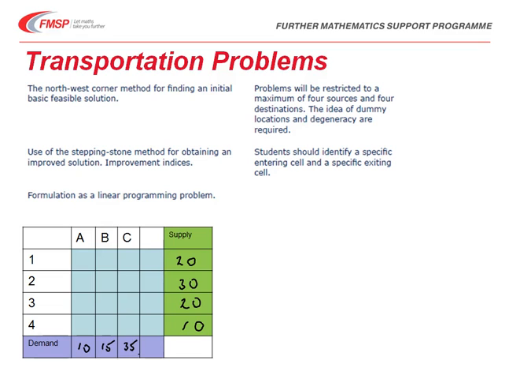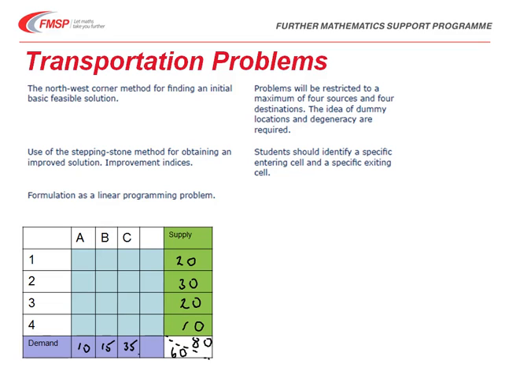Now in this case you'll see that the total supply that's available is actually 80 units, whereas the demand currently is only 60.